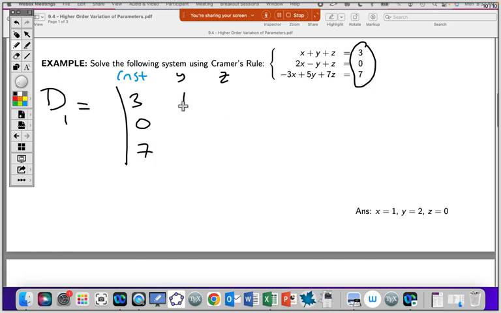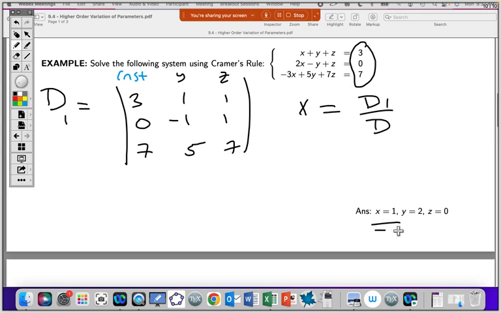The y's would be 1, negative 1, 5. And the z's would be 1, 1, 7. And then once you calculate this, the x would be D1 over D. So if our D is actually correct, being negative 22, then the D1 should be a negative 22 as well to get x equals 1.